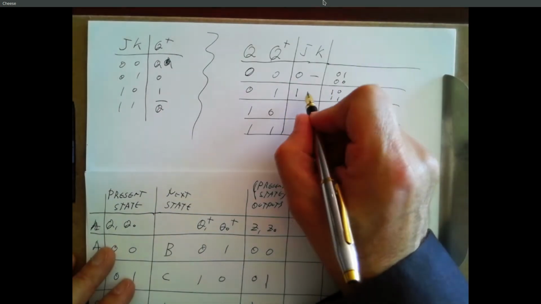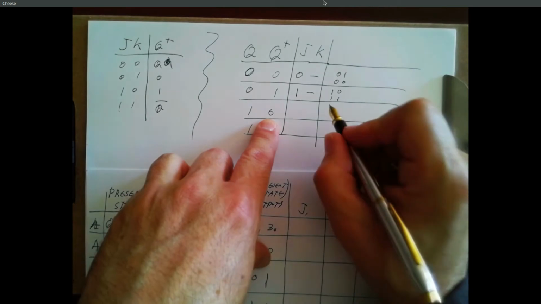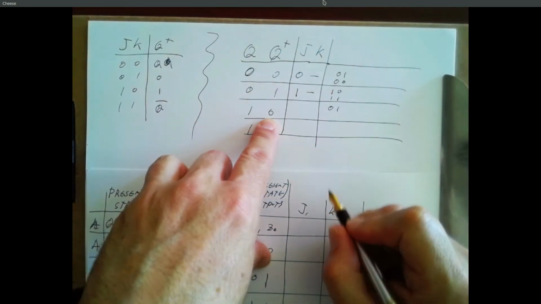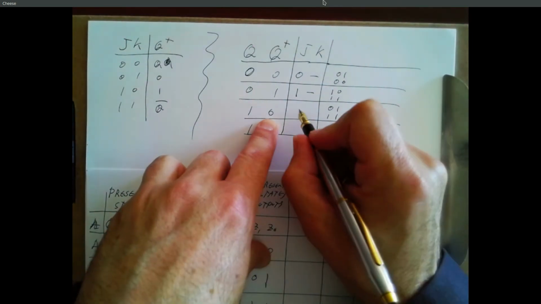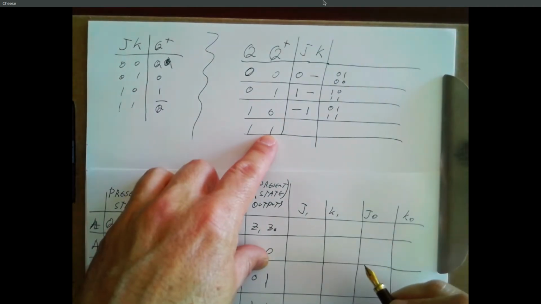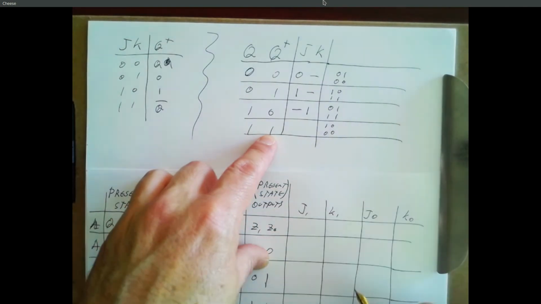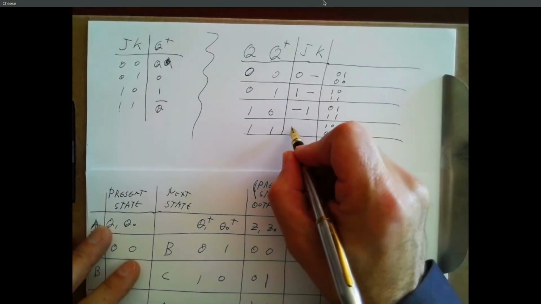So this is a 1, don't care. If we want to go from a 1 to a 0, we can either say 0, 1, which is clear, or 1, 1, which is toggle. So that's a don't care 1. And we want the output to be a 1, we can say 1, 0, which is set, or 0, 0, which is don't change. And so that's a don't care 0.